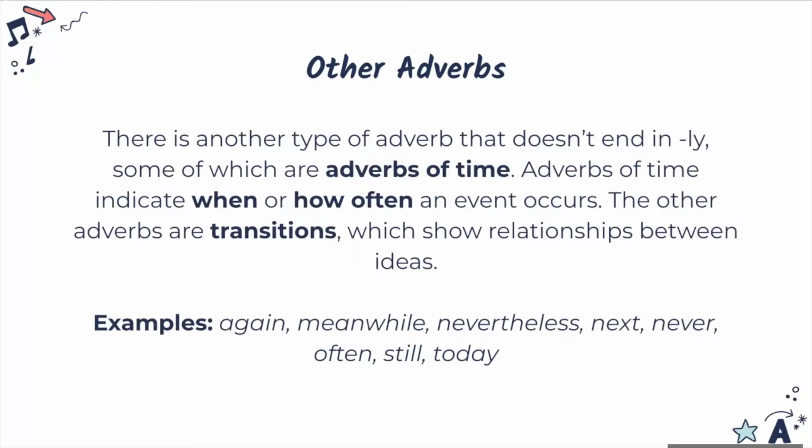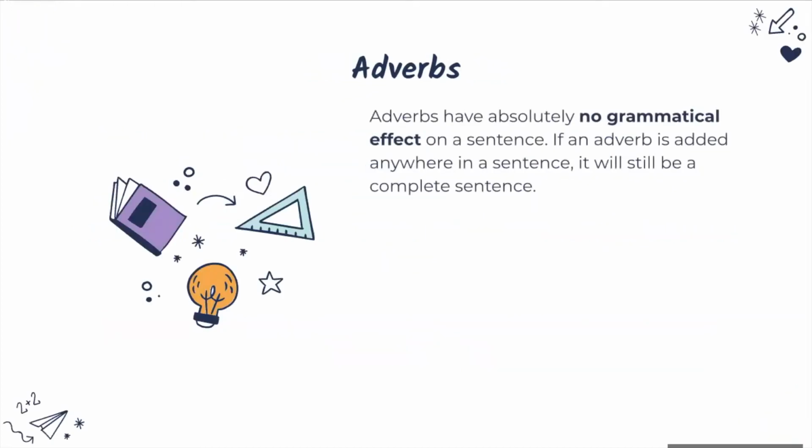We have some examples here: again, meanwhile, nevertheless, next, never, often, still, today. Today and still indicate when something happened, and often, again, and never show how many times that event occurred.